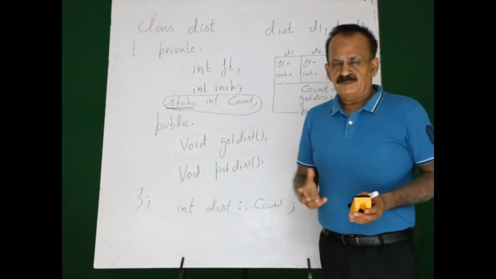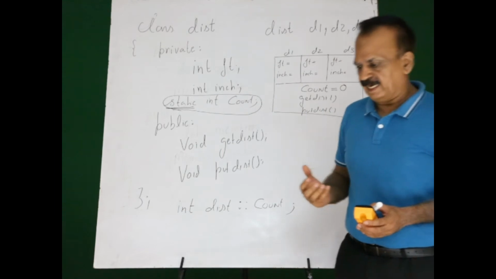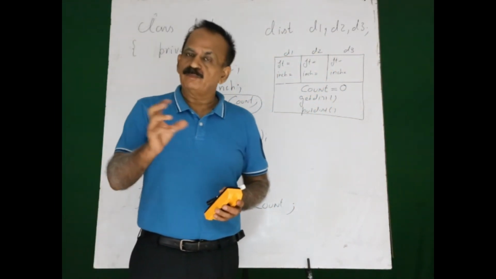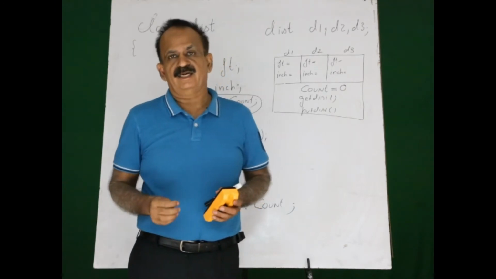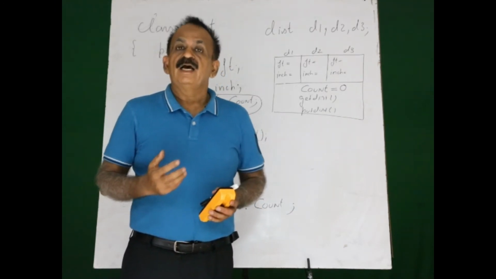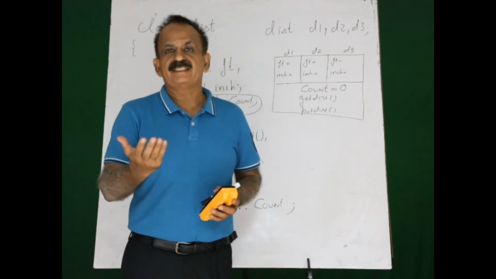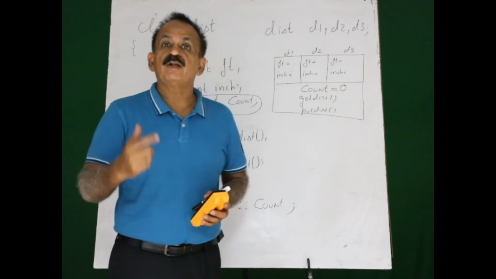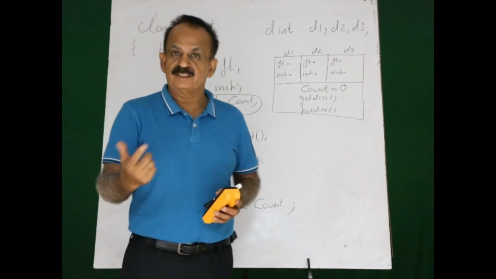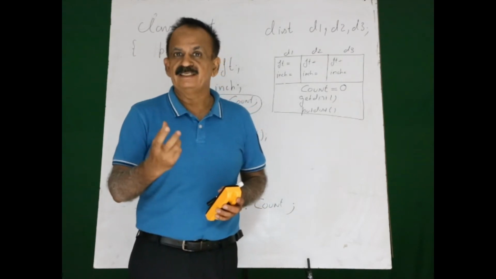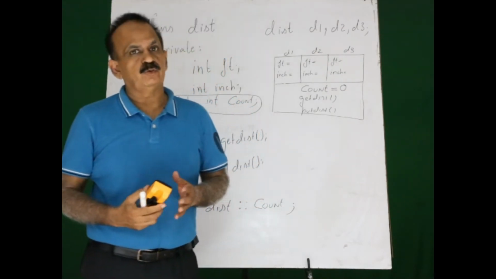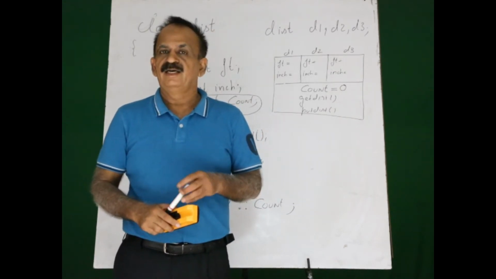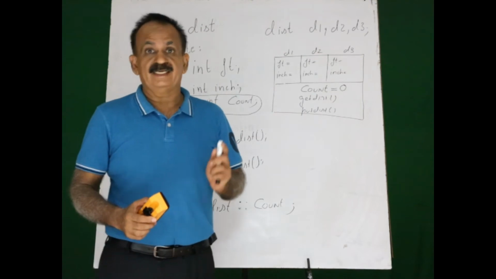Say an example. I prepare a class, a class for distance type data. I want to find out how many objects are input in this program. That means, with how many objects I used the get distance function. Now, if I want to find out the number of times the get distance function is executed, I need a variable which is to be used with all the objects of the class, and that is basically the need of a static data item.